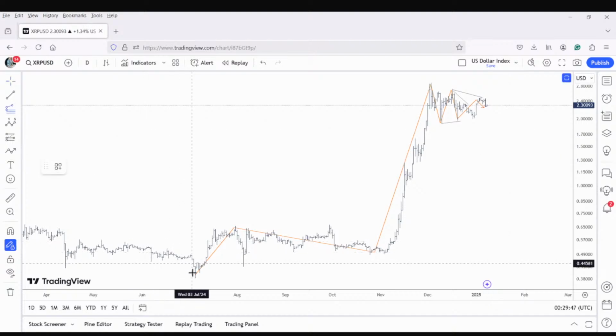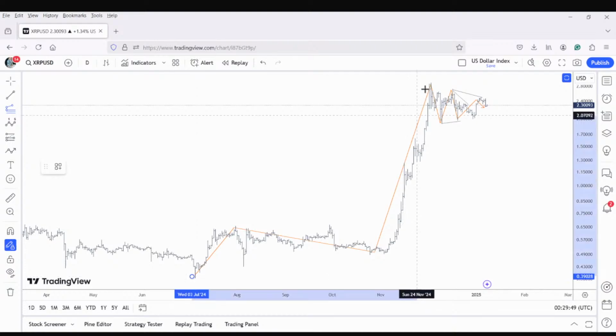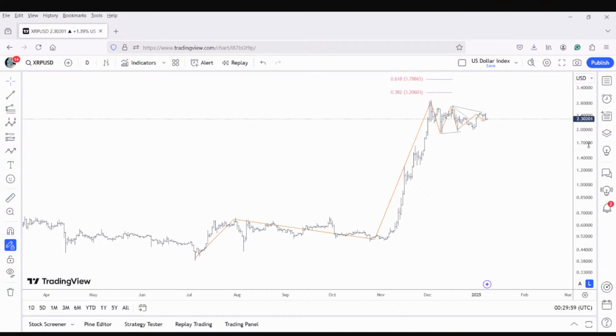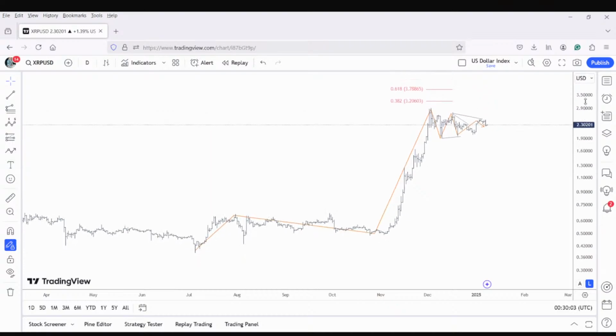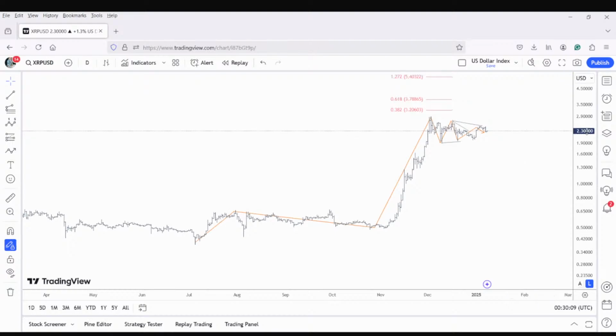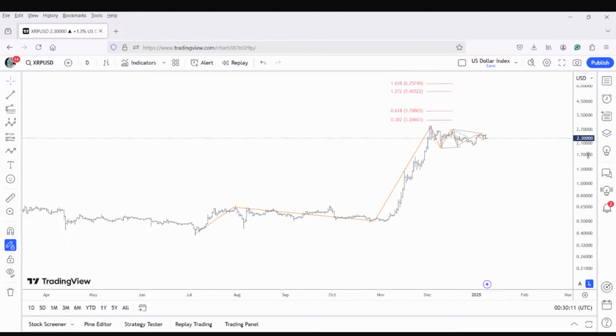And if we have to take the extensions, I'm taking the triangle as ending right now. In that case, we are heading towards 3.7 at least. Sorry, yes, it is 3.7 and 6.25.